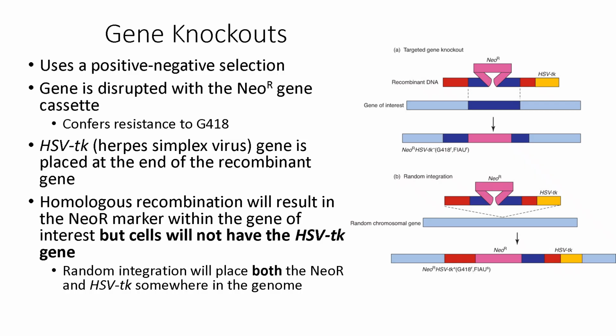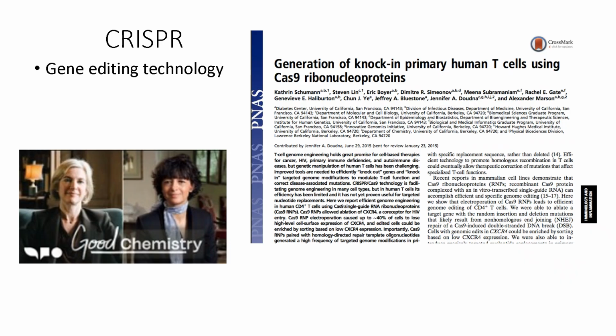random insertions. The chapter concludes with an introduction to CRISPR, a revolutionary gene editing technology. Unlike traditional knockout methods that rely on homologous recombination, CRISPR allows for precise genome editing using a guide RNA and the Cas9 nuclease.